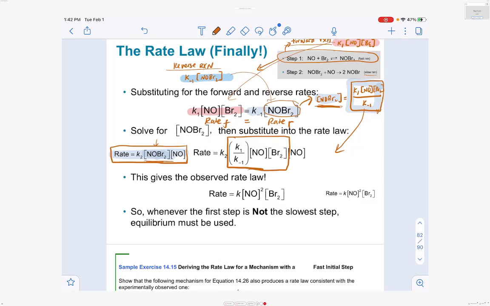We're going to substitute NOBr2 with this that we just found. So K2 is still K2, NO is still NO, and this NOBr2 is this.